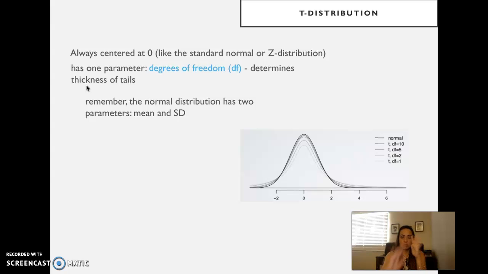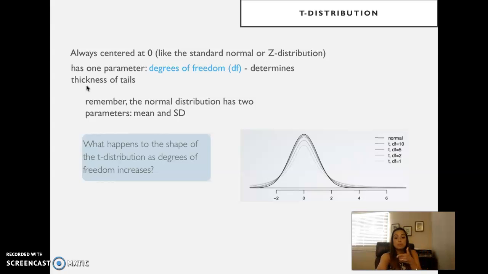Let me track back for a second. The normal distribution has two parameters. For you to draw the normal distribution, you need a mean and you need a spread. For the t-distribution, you also need the degrees of freedom. It's one extra parameter, okay? And that parameter will tell us what the thickness of the tails is.